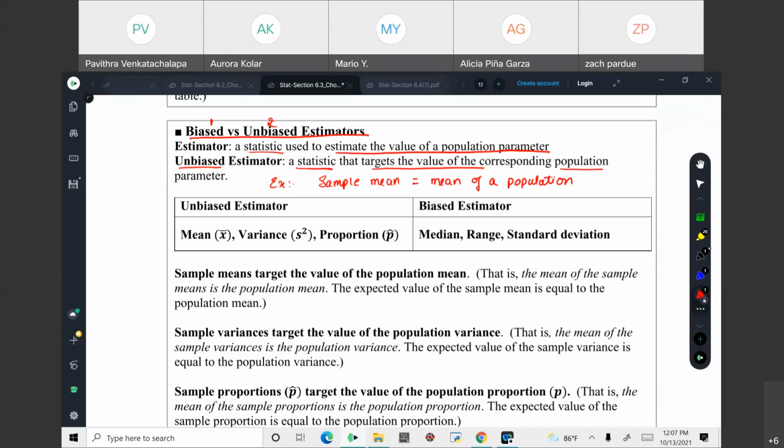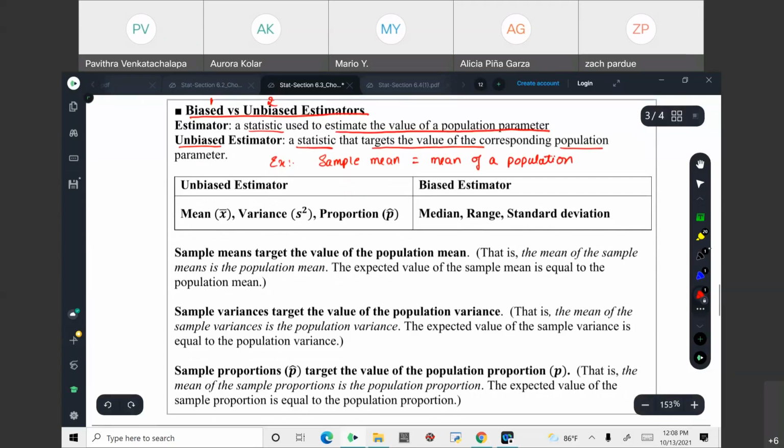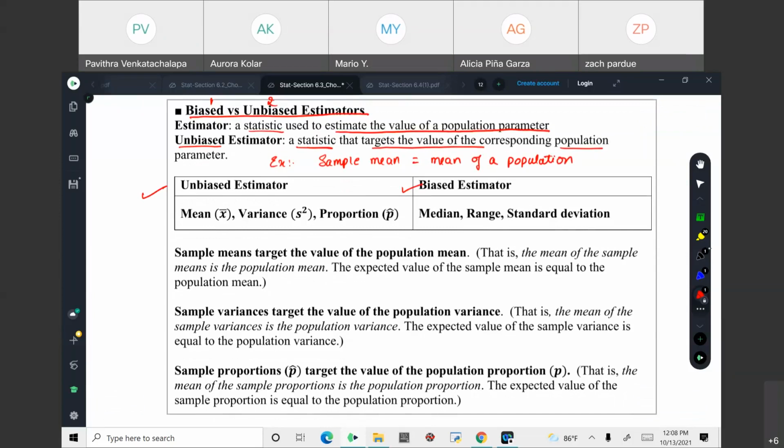What is a biased estimator then? If it is not equal, then it is a biased estimator. Got it? Now, some examples. These two are examples of unbiased and biased estimators.